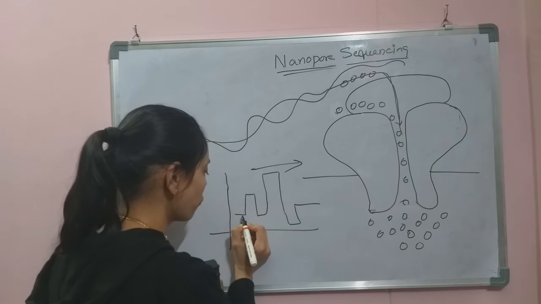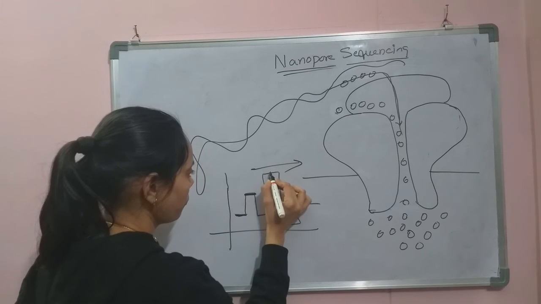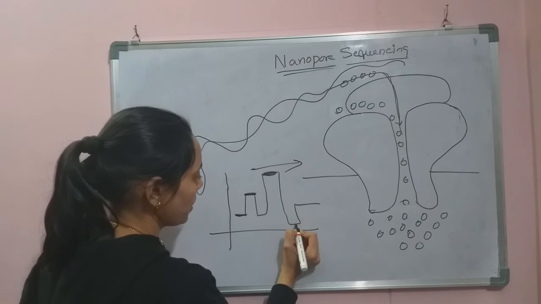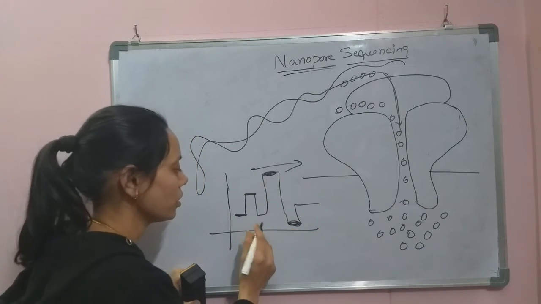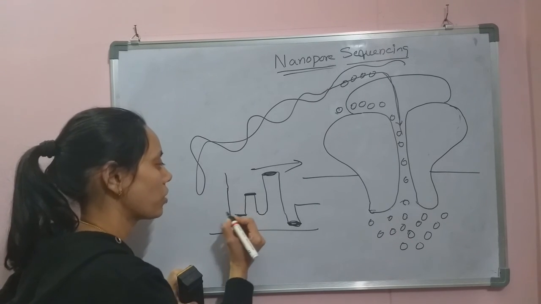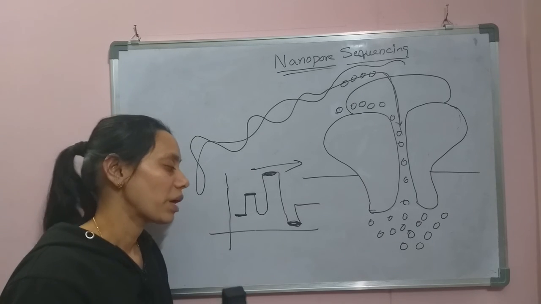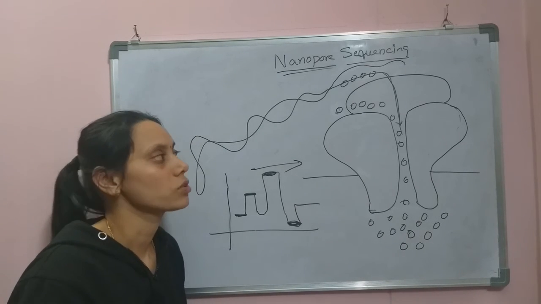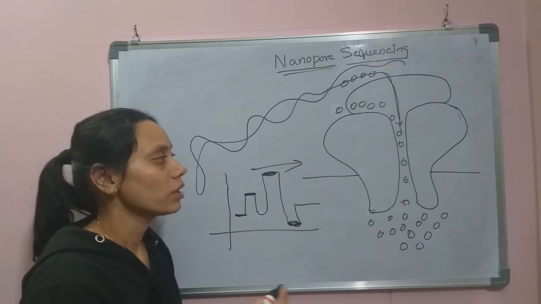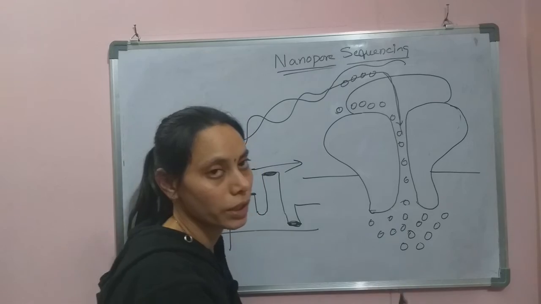That means there are 4 levels of peaks that are possible due to the passage through the membrane. One is for adenine, second one is for guanine, and then one for cytosine and thymine. Based on that, every nucleotide passing through the membrane will be detected.